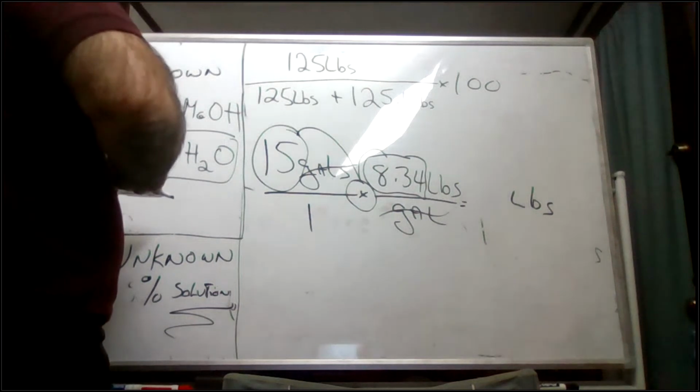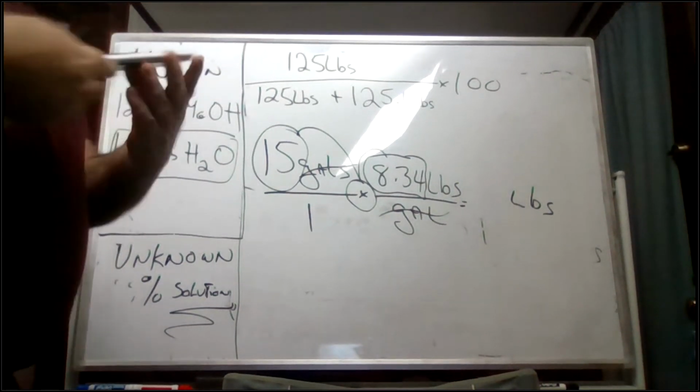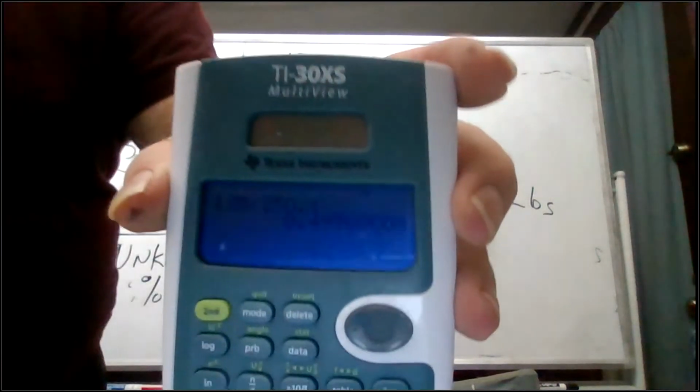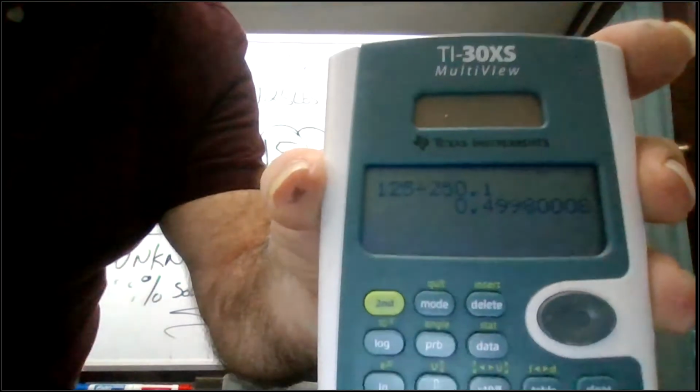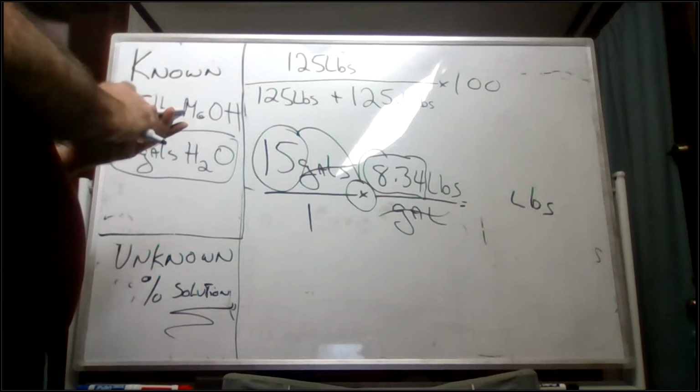125 divided by 250.1 equals, what does that equal? 0.4999888, whatever, right? So we multiply that by 100.